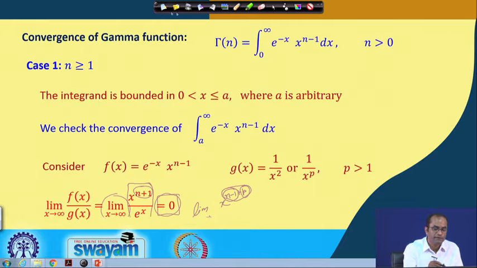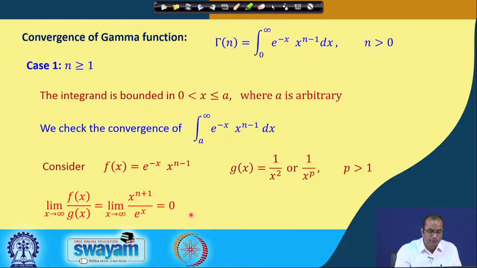And now we have the comparison test. When the limit is going to 0, that means this g x is growing faster than this f x function, and this is our g x here, 1 over x square. So, if the integral of g x converges, then we can conclude that f will also converge, because from this ratio, if we are getting 0, that was one case in the comparison test.